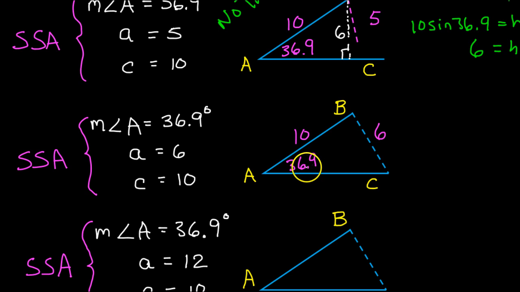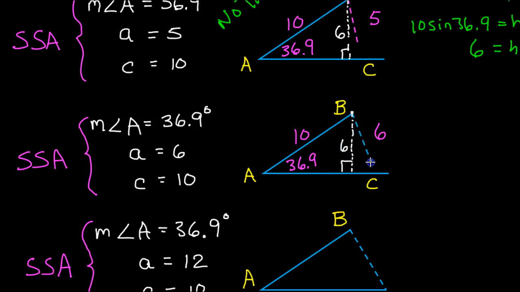Okay. Now, because the angle is the same, and because the hypotenuse is the same, if I were to drop a perpendicular line down, like I did before, this is going to be 6, just like it was before. So, now I see that this side A is length 6, and the height of the triangle is length 6. So I have left this as a temporary side so that I can move it around and swing it and see what's happening.